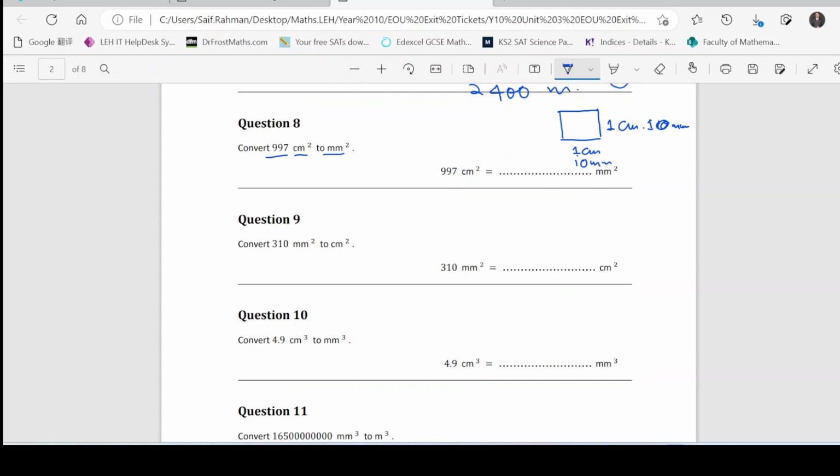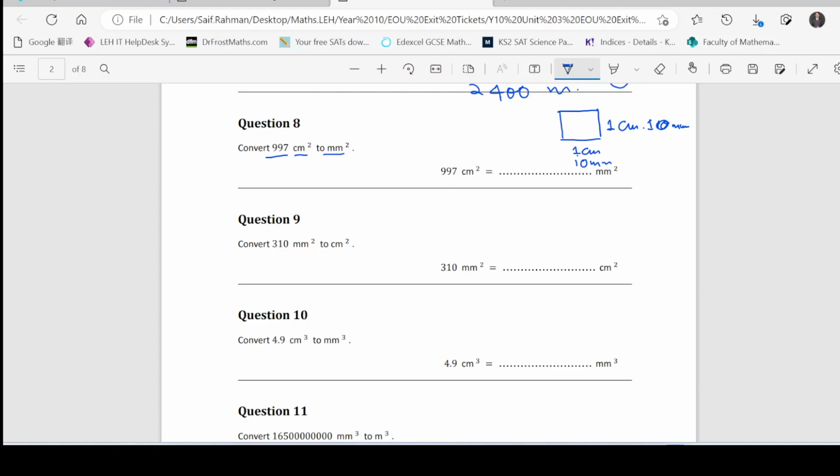So to get a bigger number, we multiply. We do not divide. When we divide, we get a smaller number. So 997 times, with what number?